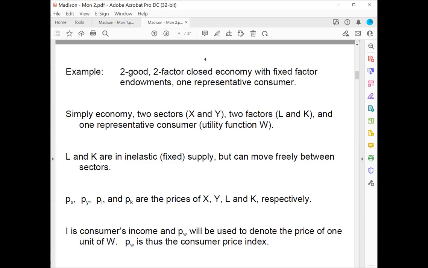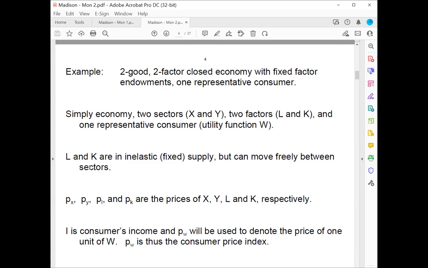So the notation is there are two sectors, X and Y, they're final goods, and two factors of production, L and K. There's no intermediate use in the example I'm going to give you. And one representative consumer who has a utility function, W, for welfare. Labor and capital are in inelastic or fixed supply, but they can freely move between sectors, which is crazy, but it's the way trade economists start.